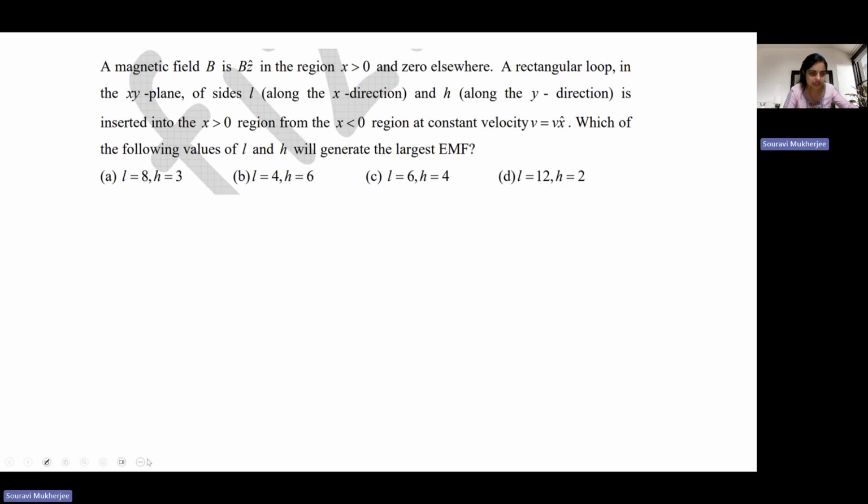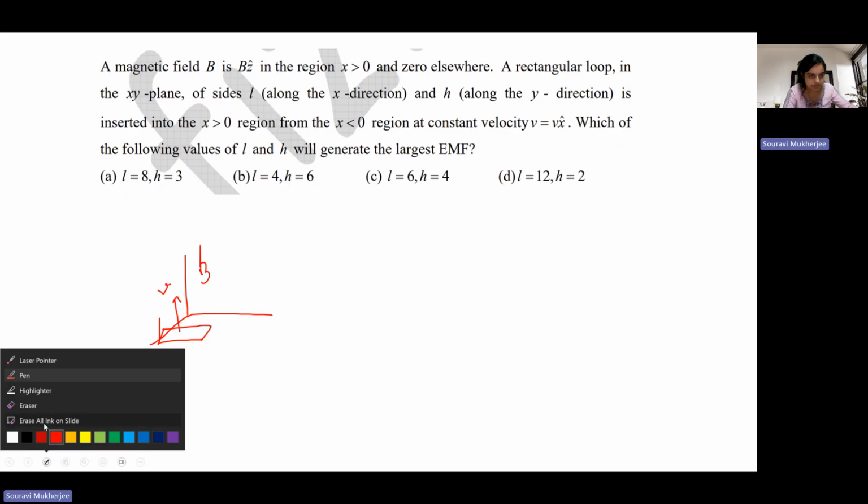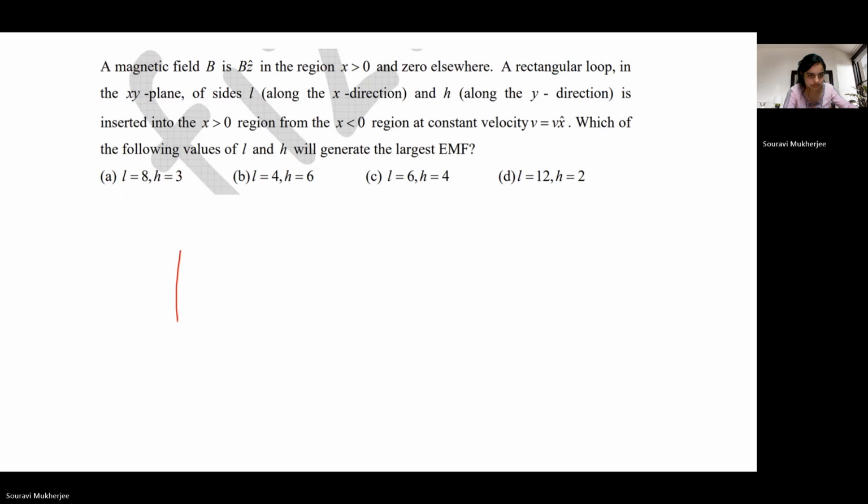So you have a region where you have a magnetic field, and you have a loop somewhere below, and then you are taking it into the region of the magnetic field with some velocity v. Okay, so the velocity is not along this direction, sorry.